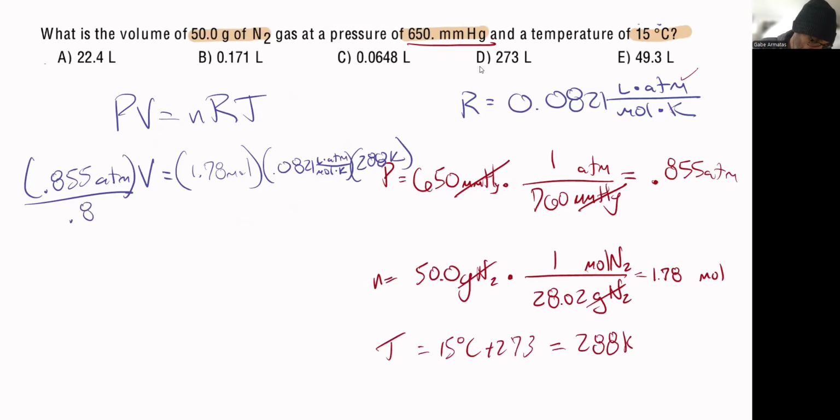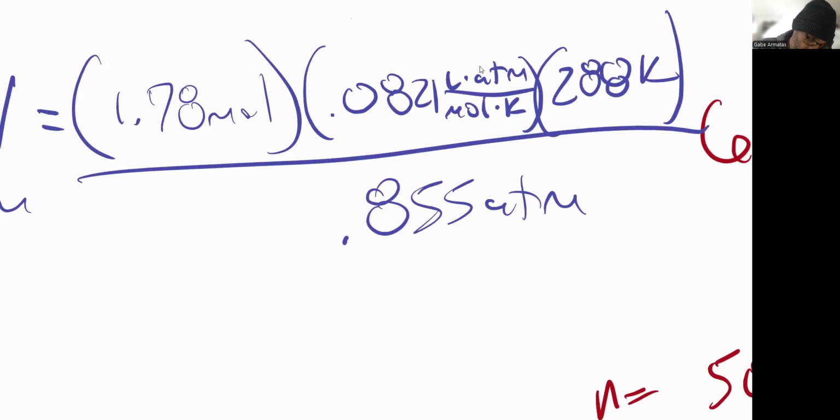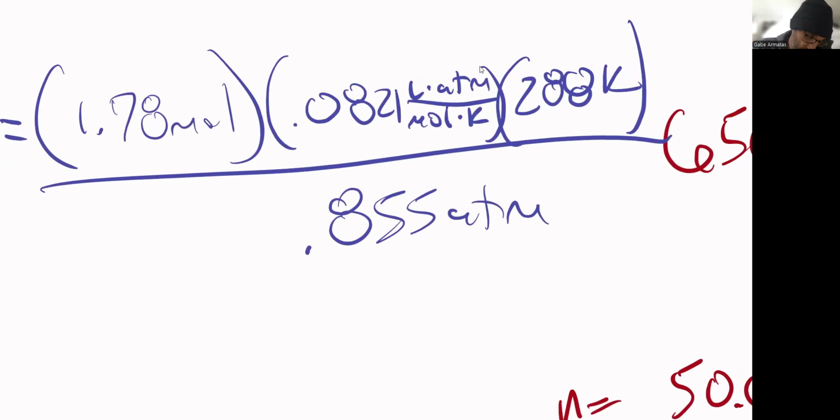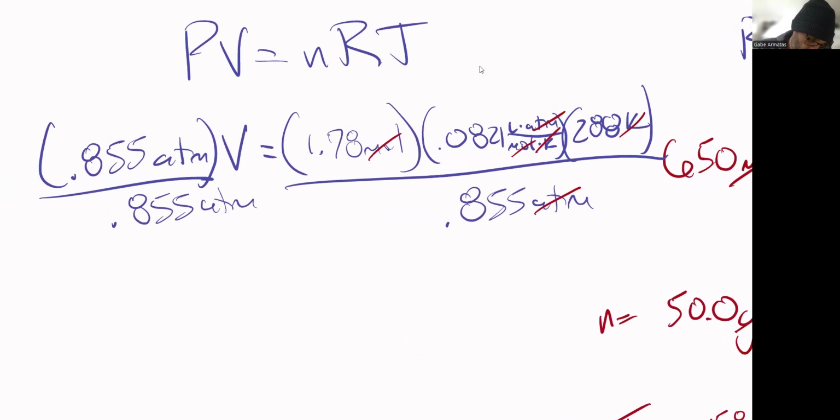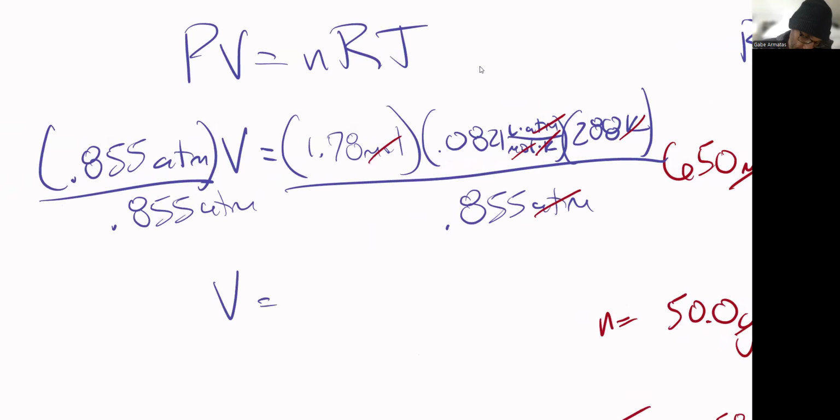Divide both sides by 0.855 atmospheres. And this is what we have. Let's do units. Moles cancels, Kelvin cancels, atmospheres cancels, leaving behind what we would expect for volume, liters.